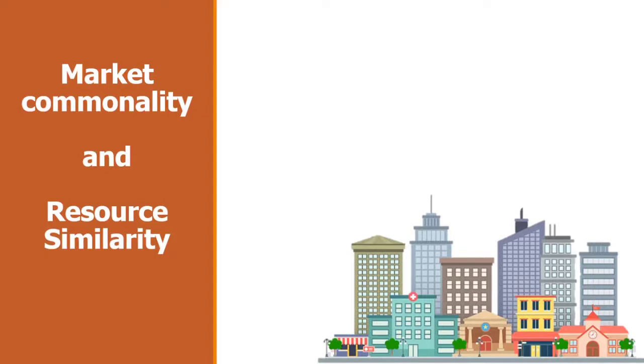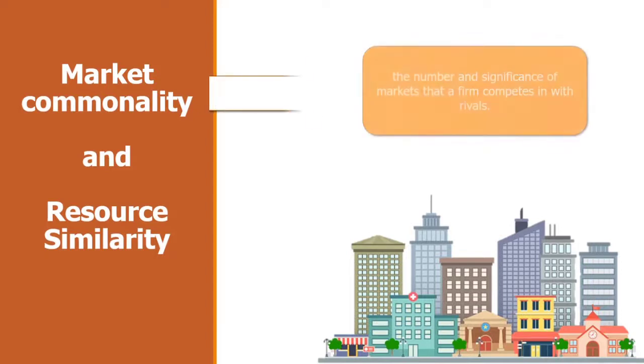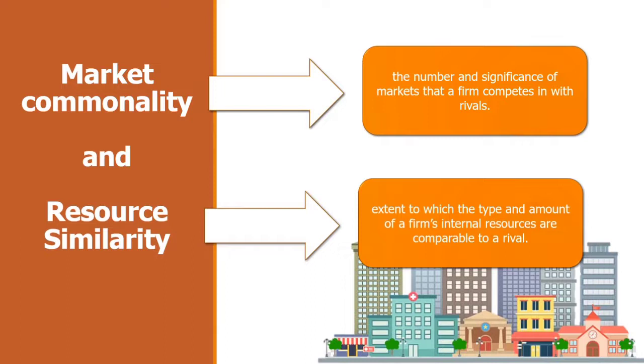When we say market commonality, this can be defined as the number and significance of markets that a firm competes in with rivals. While resource similarity naman, it is the extent to which the type and amount of a firm's internal resources are comparable to a rival. So, one way para ma-analyze natin yung competitiveness between two or among several firms is to investigate market commonality and resource similarity issues while looking for areas of potential competitive advantage along each firm's value chain. So that's it for my part.